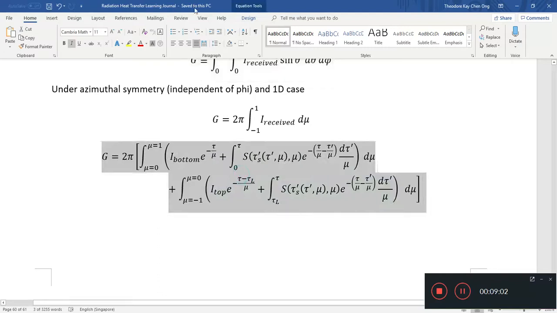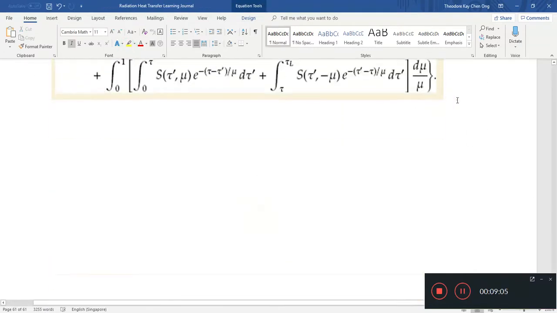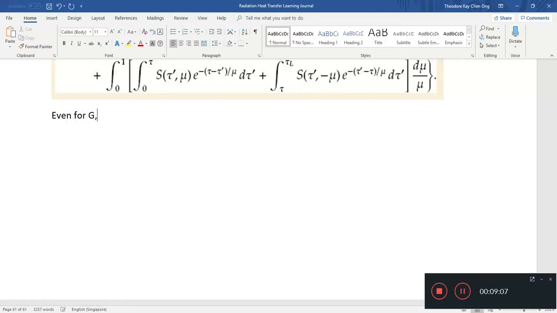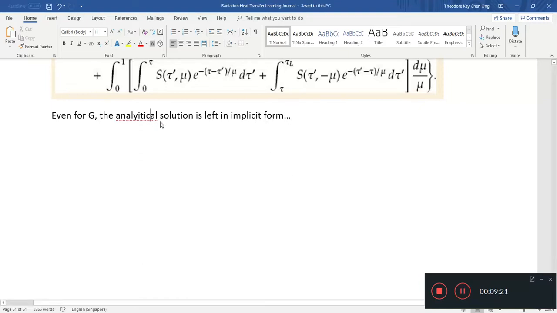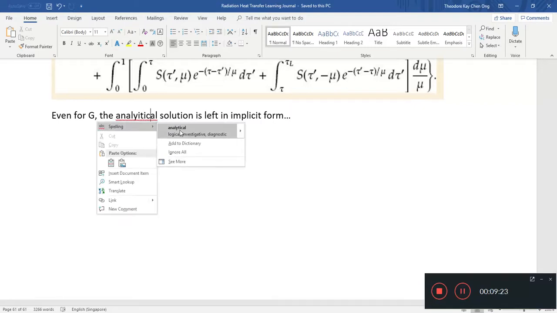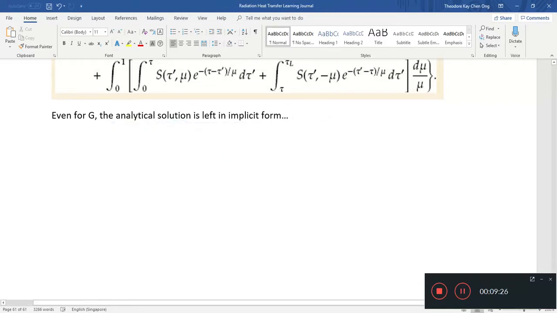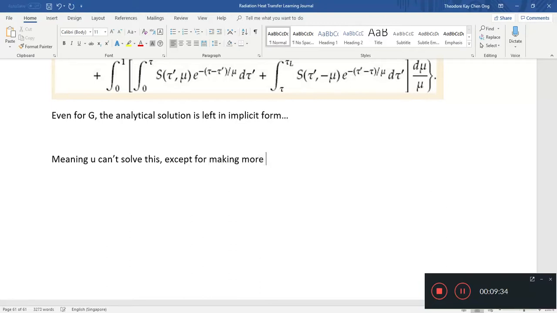Again, as you would know, even for G, the analytical solution is left in implicit form, which means you can't quite solve it straight up unless you make further simplifying assumptions.